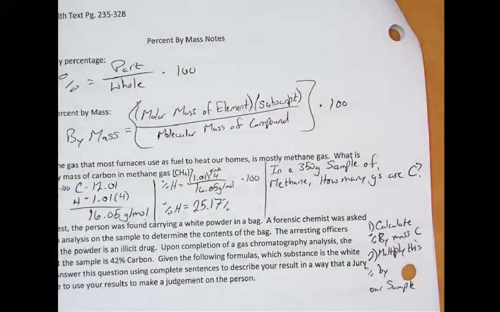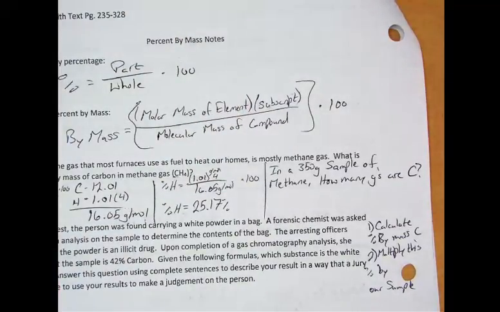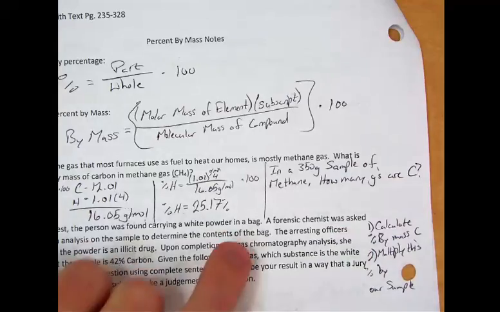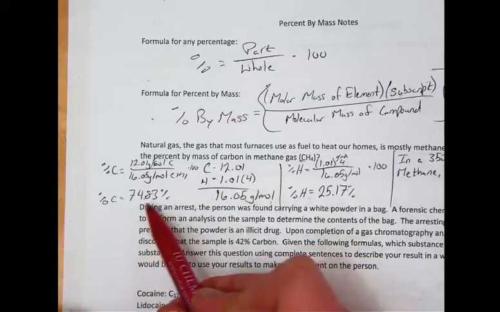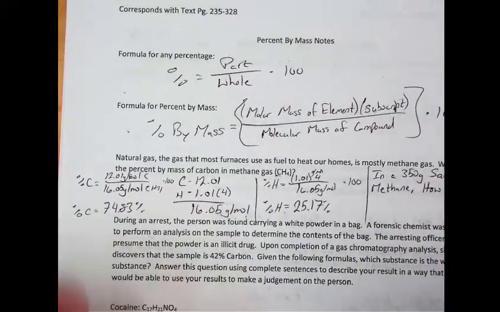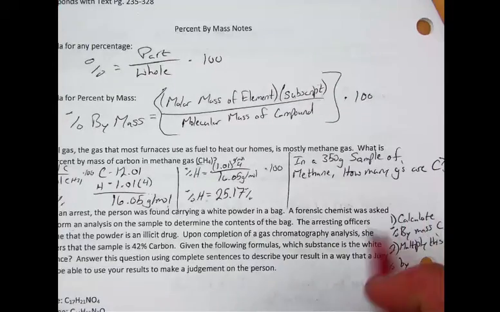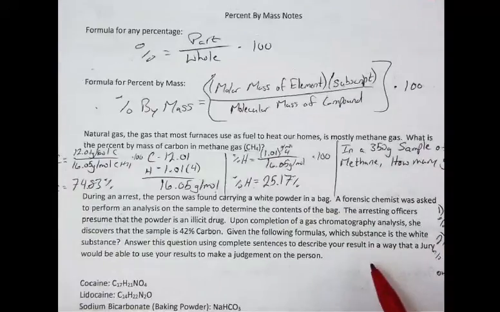So just like the way that you calculate, let's say if you go to your favorite store at the mall, like the Gap, and you were to calculate the discount that you're going to receive with your 25% off discount, you do the very same thing to determine the percent by mass of this compound. So we're going to start with our percent by mass of carbon, which is actually calculated over here, 74.83. Now recall, anytime you use a percentage in a formula, you cannot use the percent form.